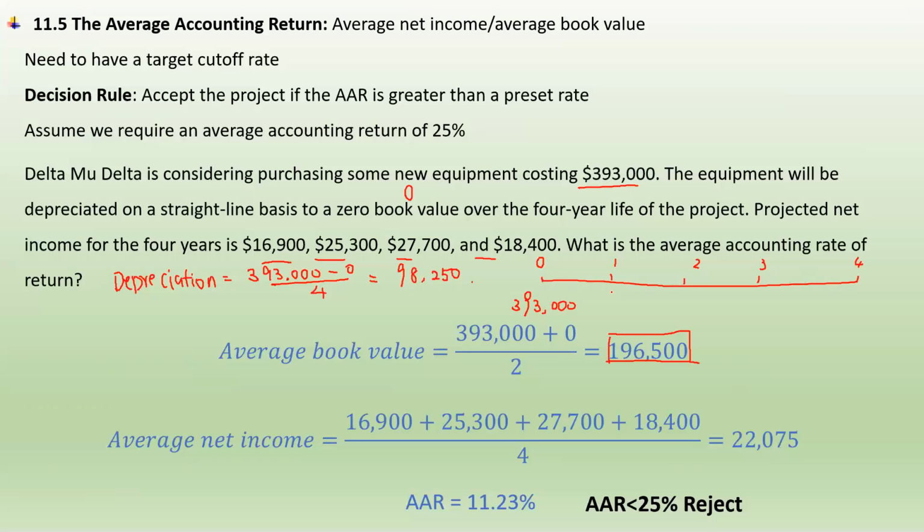And at t equal to 1, it will be the total price minus the depreciation over the first year. You will find it's 294,750.